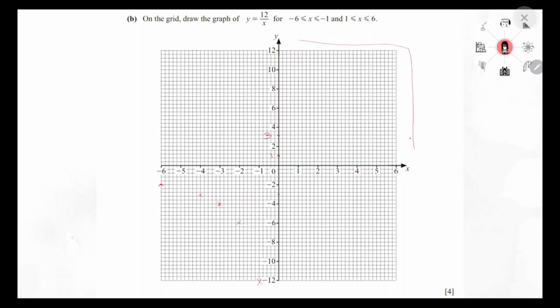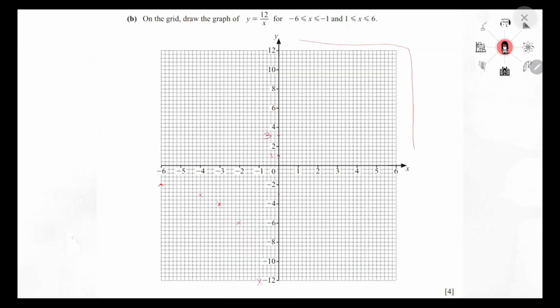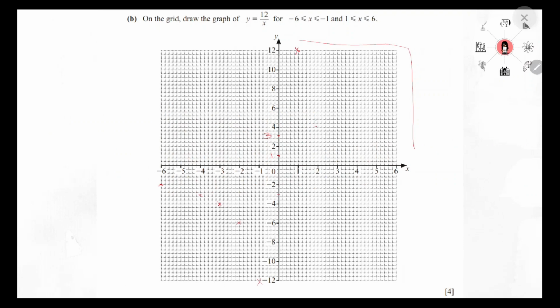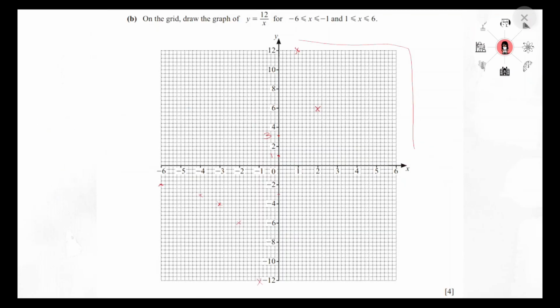So the next part starts here with 1 and 12. 1 and 12 would be here. Next is 2 and 6. 2 over here, 6 over there. And 3 and 4. So 3 over here, 4 over there.